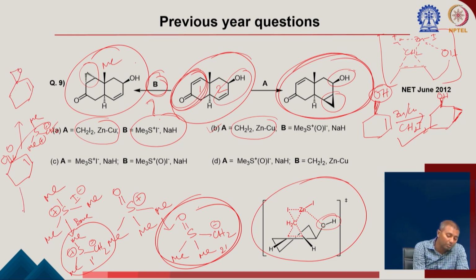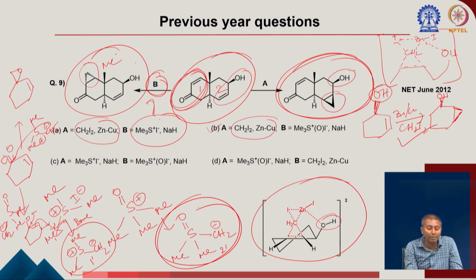But as soon as you use the stabilized one, the sulfoxonium, it is going to go for a 1,4 addition, and once there is a 1,4 addition, O minus CH2 SOMe plus is going to come back and form the corresponding cyclopropane. Again, you can see the attack is happening from the bottom side to avoid sterics with the methyl group.